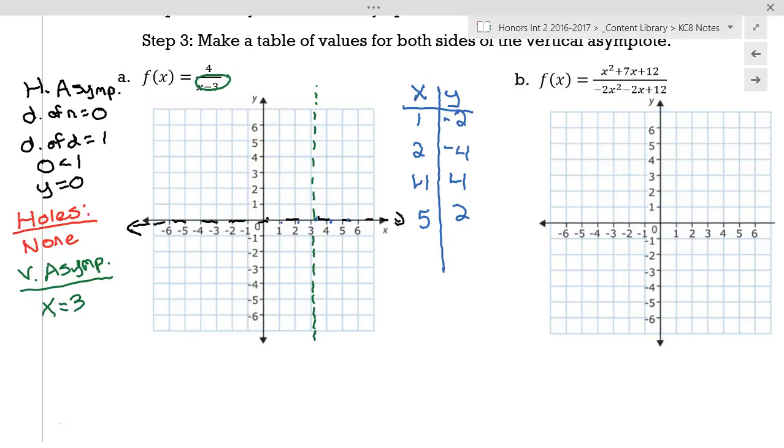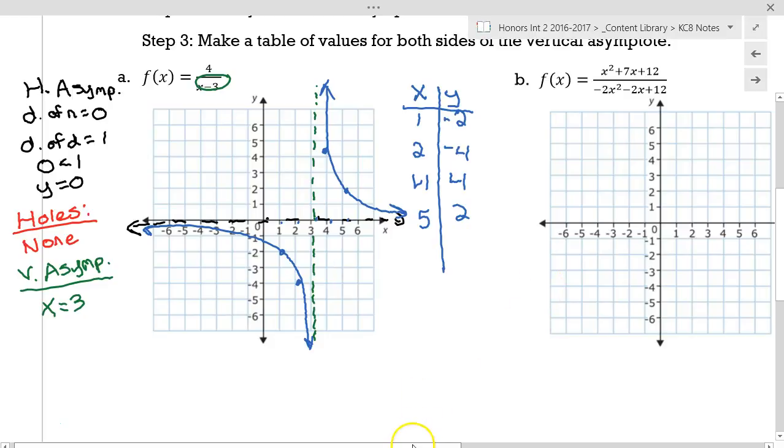So 1, negative 2 is here. 2, negative 4 is here. 4, 4 is here. 5, 2 is here. All right, and all this tells me is kind of how this moves, what side of my asymptote it's on. And then I kind of just follow the asymptotes, right? I follow the center. And that's it.